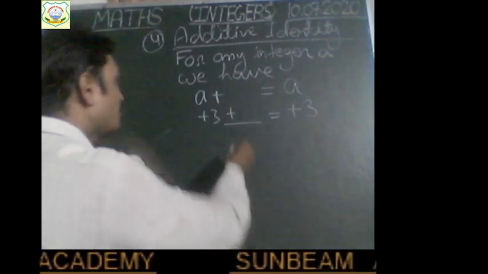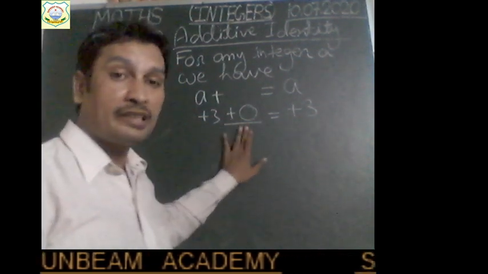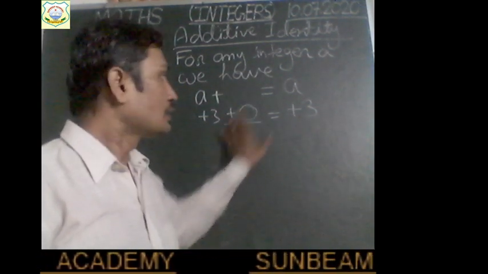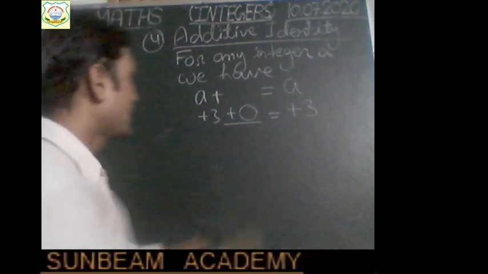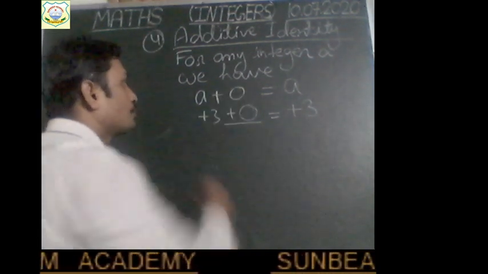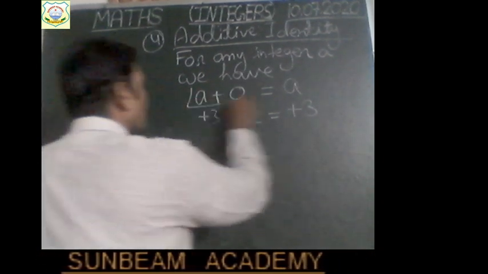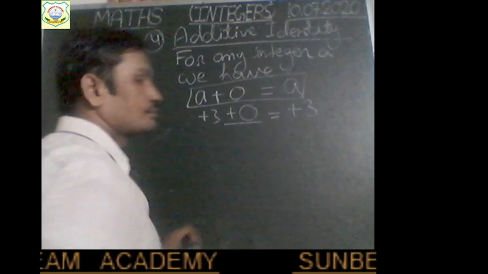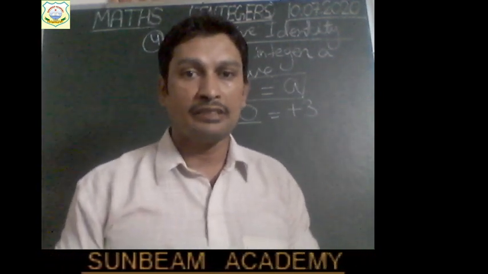Okay. So here plus 3. If we add 0 here, when plus 3 is added with 0, then the same integer plus 3 will be reflected on the other side. Right? So a plus 0 equal to a. This integer is 0. So 0 is called additive identity.